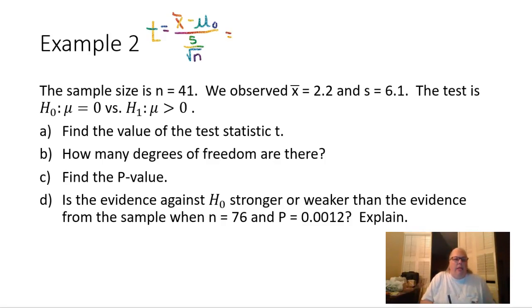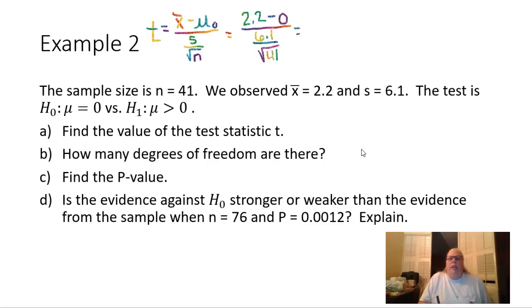So in our case, we're looking at 2.2 minus, now remember mu 0, we can find that in the null hypothesis. In this case, it's going to be 0. We are dividing by the sample standard deviation divided by the square root of n.